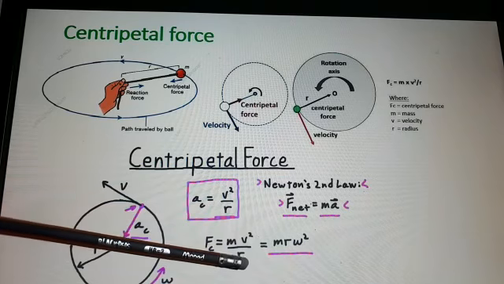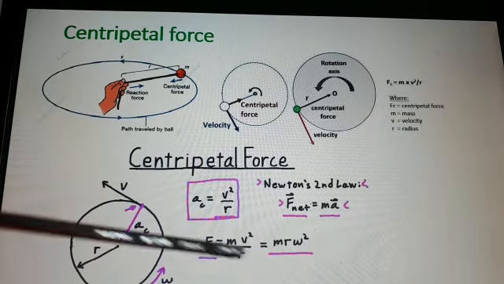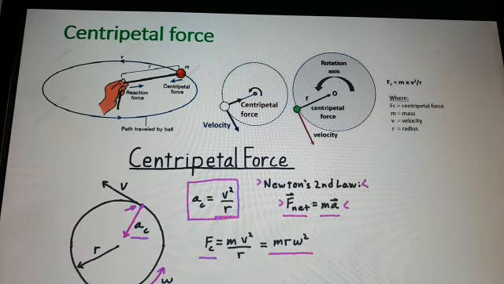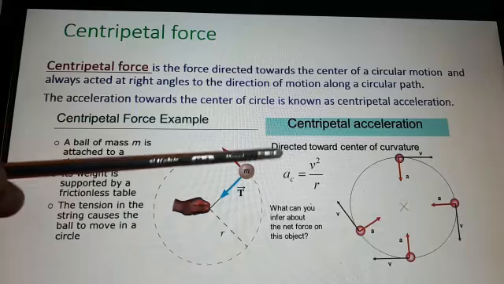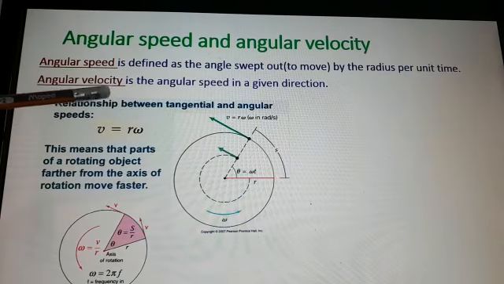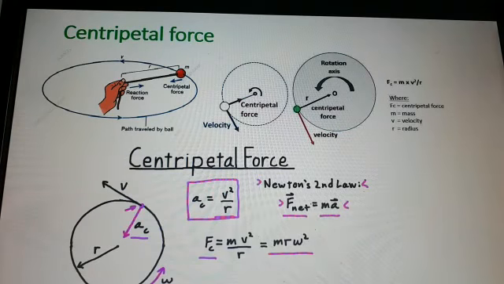V by r is omega. You studied that in the previous slide. Here a is equal to v squared by r, and v is equal to r omega. That is why we write force is equal to m r omega squared. Force is equal to m, and instead of a we write r omega squared.